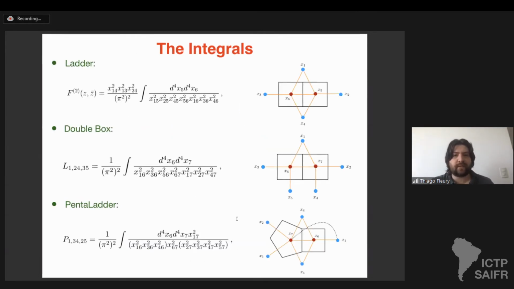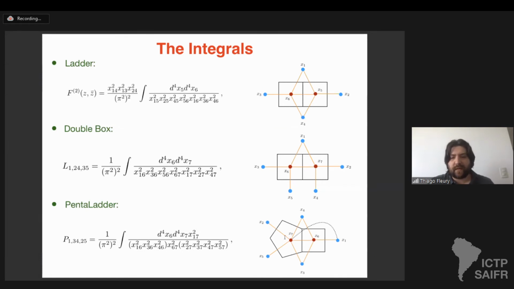So the integrals that appear at two loop, I will define them for you. I think the easiest way to understand the integrals is to look at the images here. The orange lines are some denominators, some propagators.